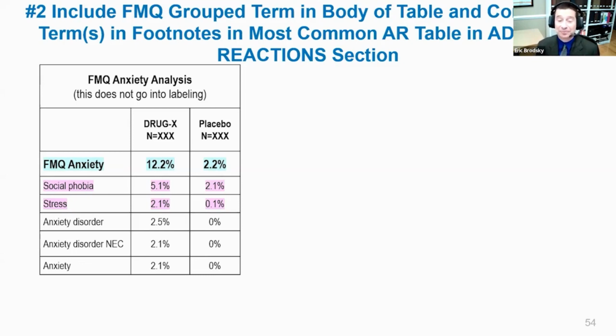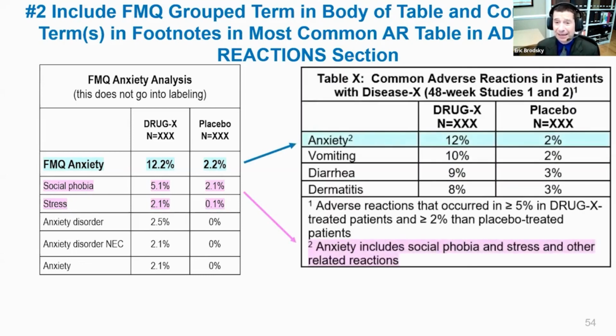And you would click through. So this right here, again, represents what would appear in the labeling. So here we include the group term anxiety, and all the component terms are represented in that incidence, 12%. Specifically in the footnote, we identify social phobia and stress because they meet the definition of an adverse reaction.